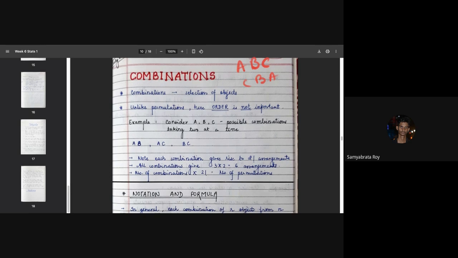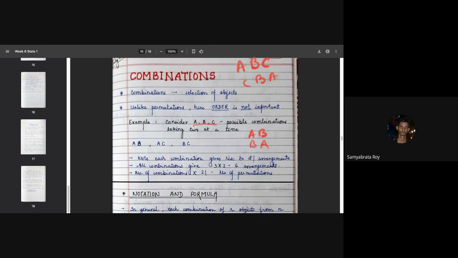Suppose there are three people, A, B, and C. I am choosing any two of them without repetition. So I could choose this and this. In permutation, these two are considered as different cases or different choices.